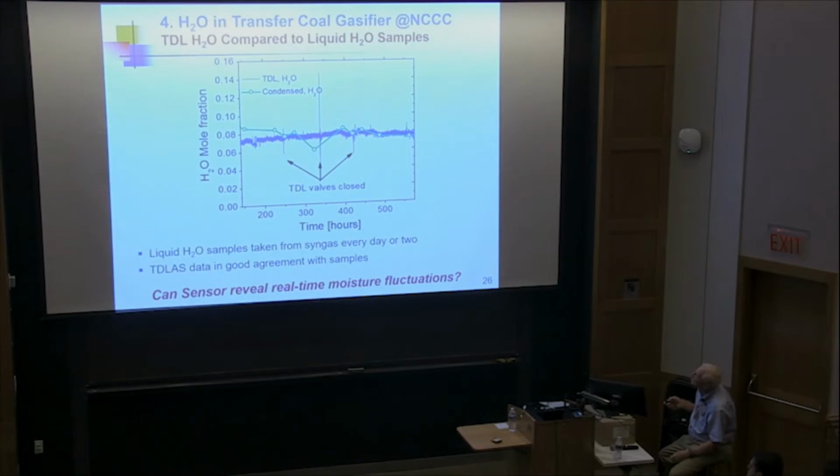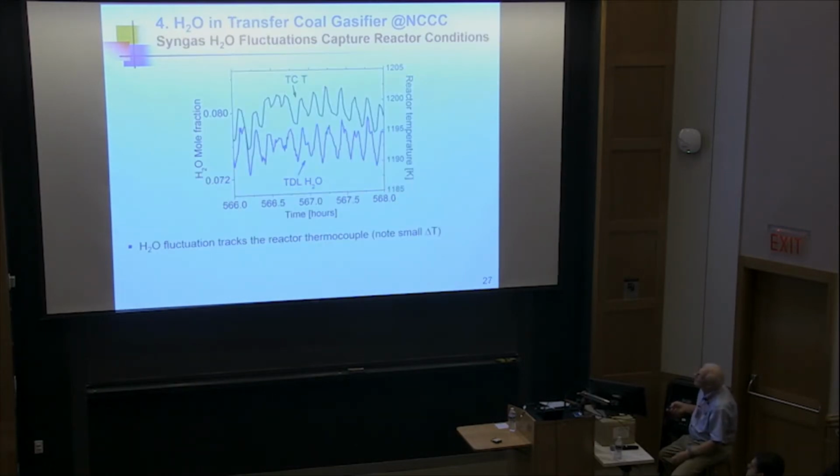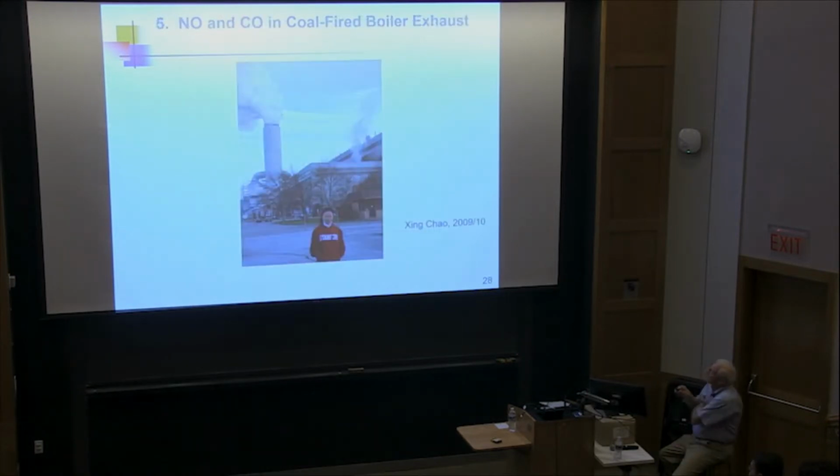They would do this intermittently, and they just wanted to know if we got the same answer. So the nice thing about our diode laser sensing, it just hums along in real time. We could use these fluctuations that we saw in water to correlate with their temperature. They were measuring with thermocouple. So basically, everything worked, and they began to have a better understanding of the transient, fluctuating nature of their system.